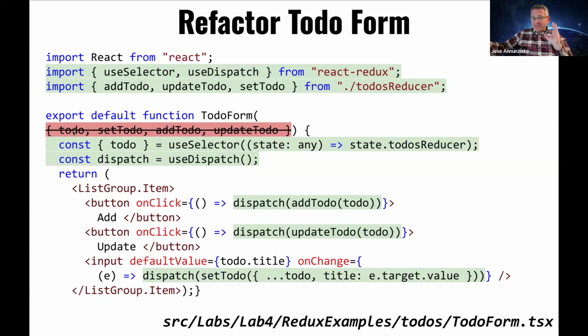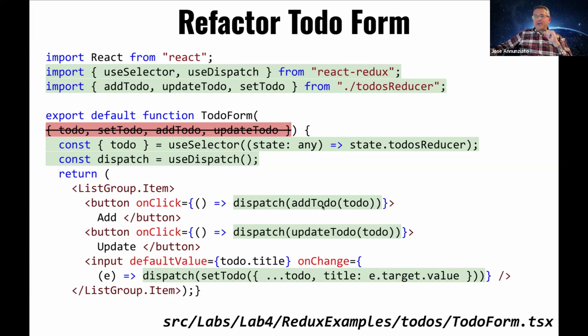Our parent can't pass us anything. Instead, all that comes from the reducer. We import the mutators, the functions that manipulate the state. We import the state variables. And then we notify our reducers, dispatching these events.